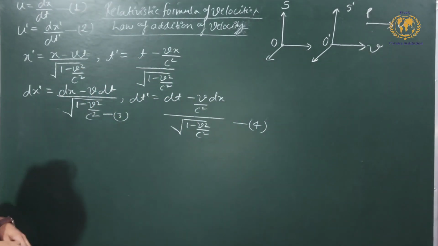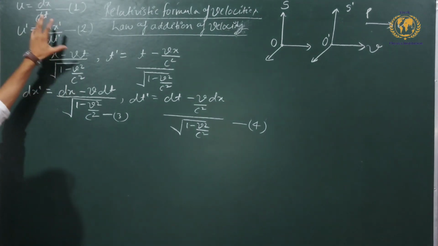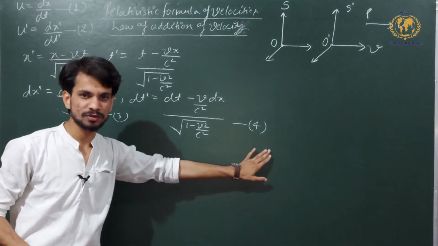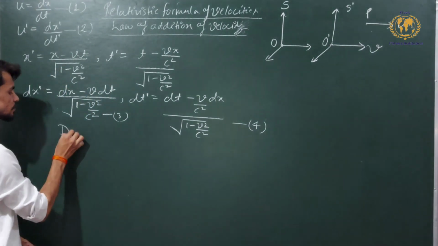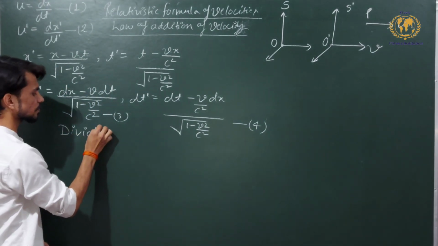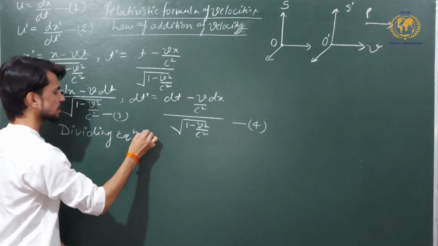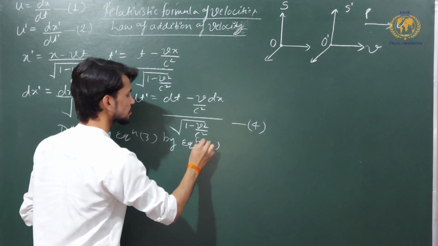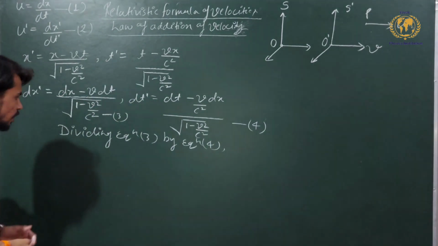Okay, in order to find the value of dx dash over dt dash, we can divide equation number 3 by equation number 4. So dividing equation 3 by equation 4, what will we get?